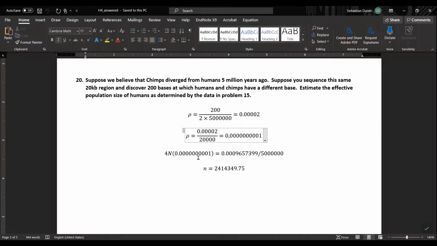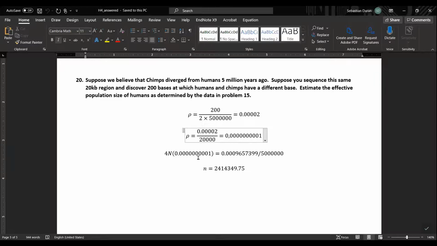Then we took our estimate of the evolution rate per region per year, divided it by the total sequence length, and now have an estimate of the rate of evolution per site per year, and came up with 10 to the minus 9th per site per year.